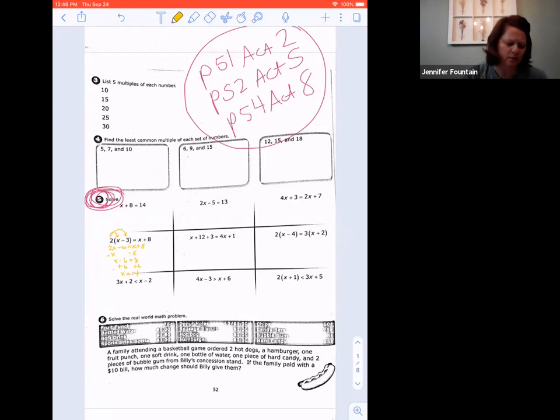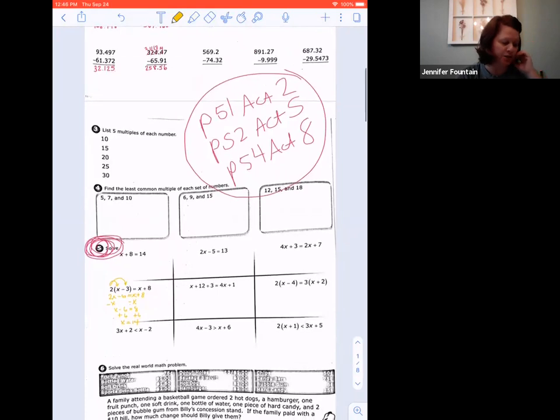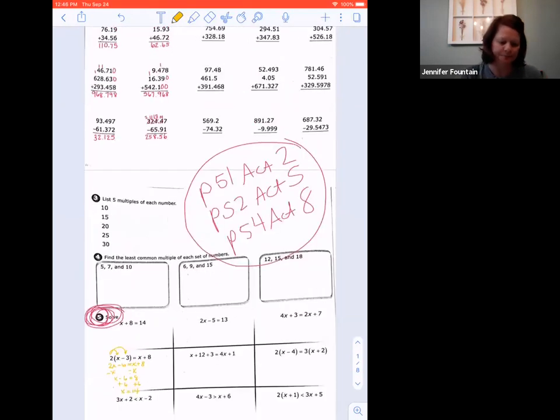Is that right? No, activities 5, that was from, no, that's right. Page 51, activities 2, page 52, activities 5, and page 54, activities 8. Is that right? All right.